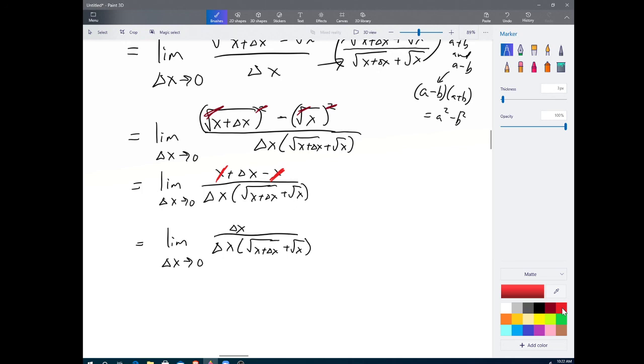At this point, what will cancel? Delta x, because I've got one upstairs, one downstairs, and the one downstairs is factored out, which is important. At this point, can I legally plug in delta x equals 0 and be okay?